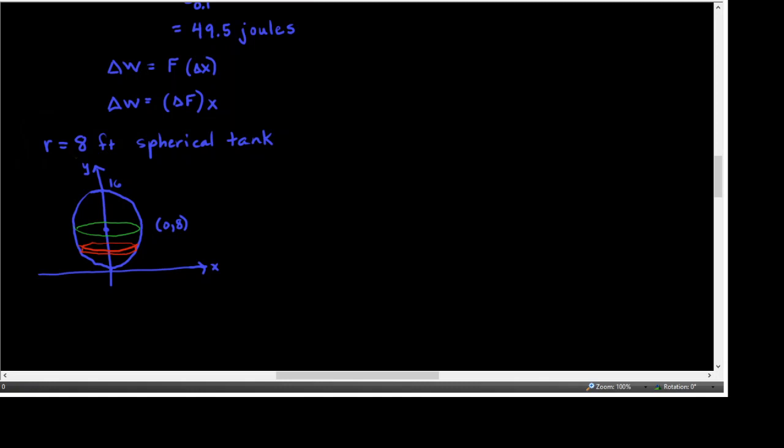It doesn't exactly match, but that cylindrical slab of oil is going to be an approximator for us. The height of that is delta y. And the radius there, since that's a generic place, is the distance from the y-axis to the edge of the tank, a value of x. And so the radius is x.